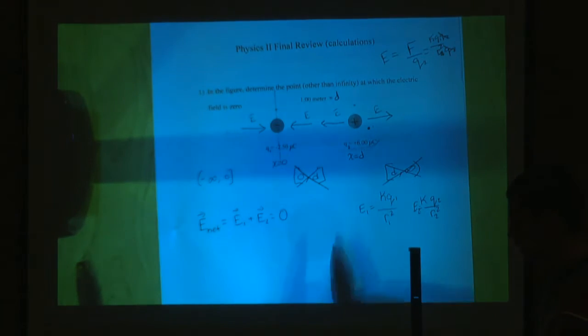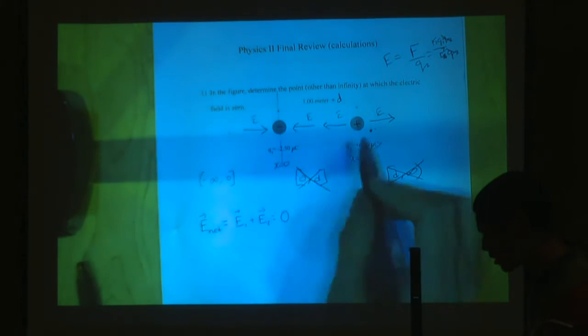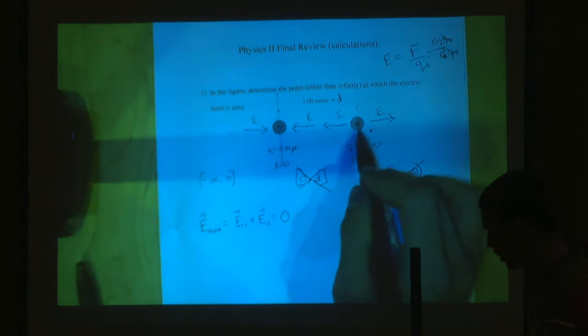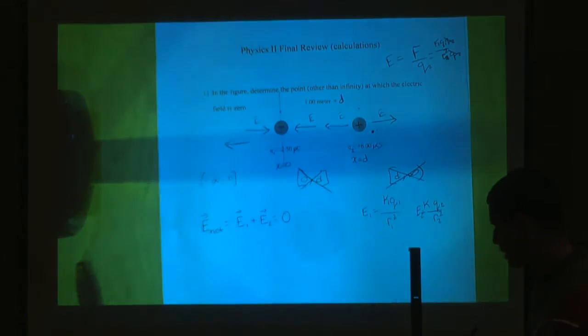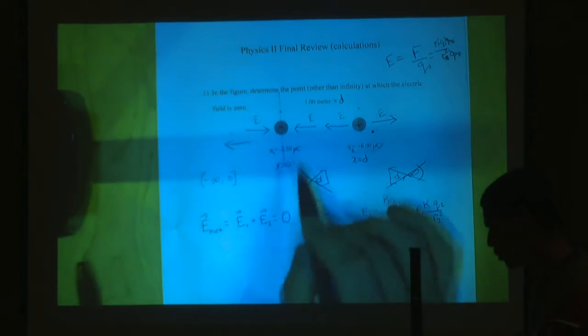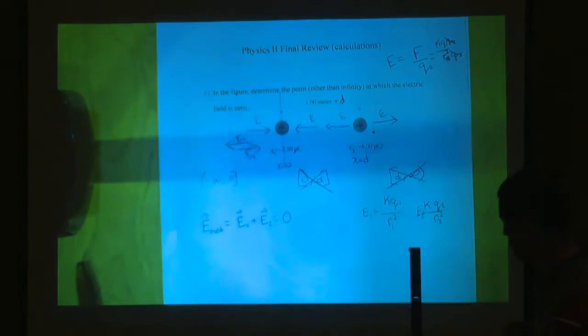We can take out these vector signs by noticing the direction for each of these. So the direction of Q2 will be to the left, right? And then the direction for Q1 will be to the right. So here's E2, here's E1.